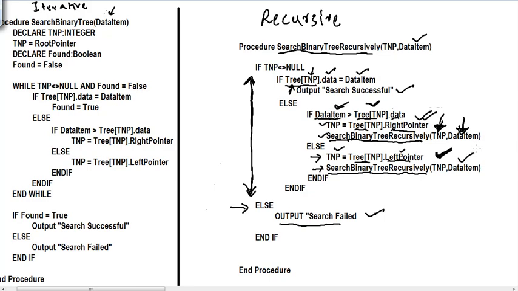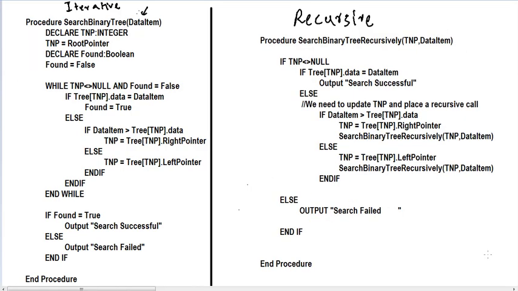So broadly speaking, what's happening in this code? Let's take a look at this code and try and understand what's happening here. So first, if the value of TNP equals null, we output this message that the search has failed, right?